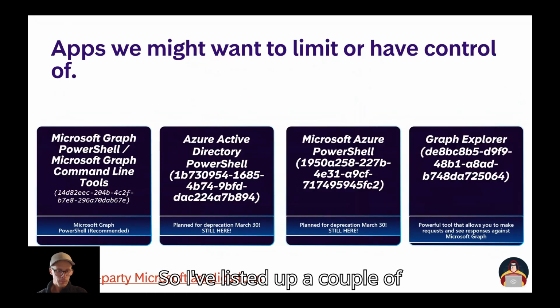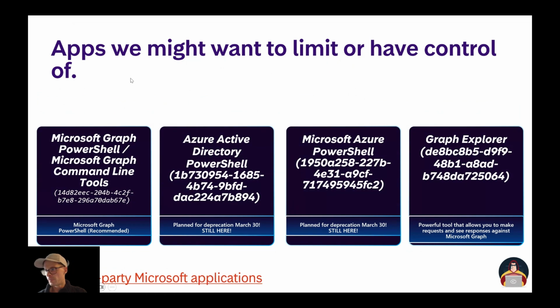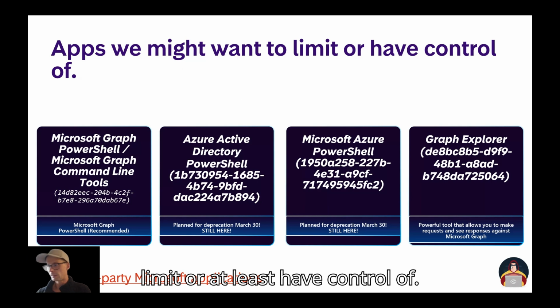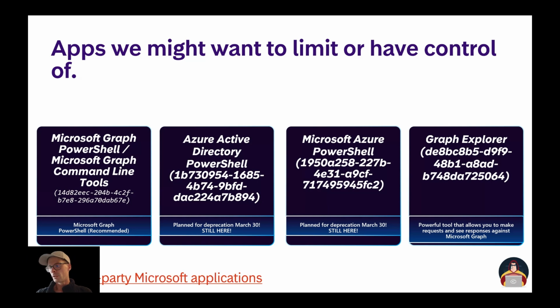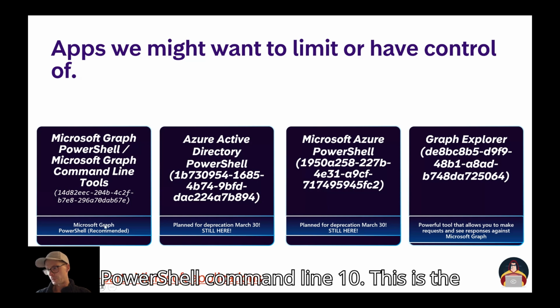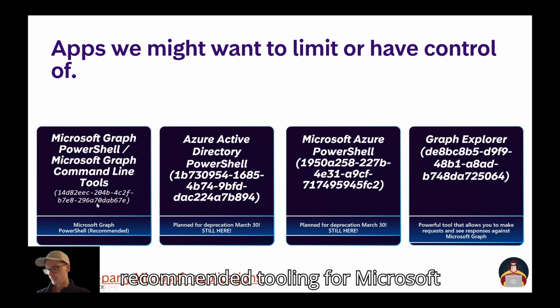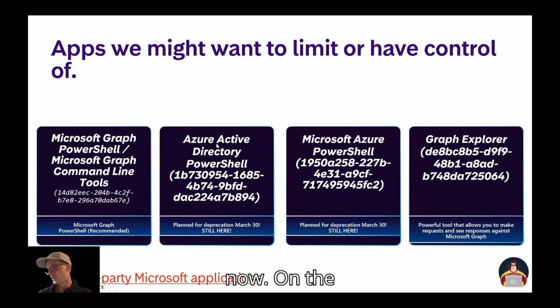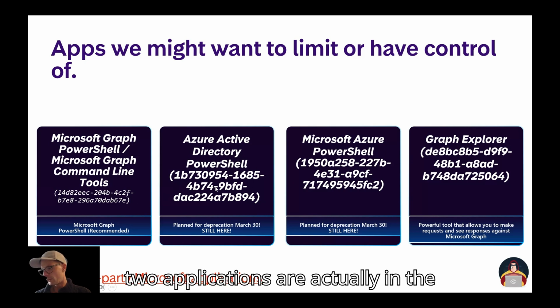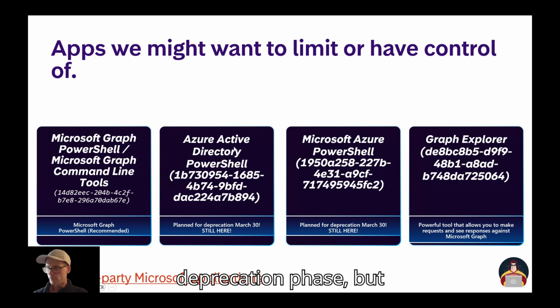So I've listed a couple of applications that we might want to limit or at least have control of. The first one is the Microsoft Graph PowerShell command line tool. This is the recommended tooling from Microsoft now. The two in the middle here are actually in a deprecation phase.